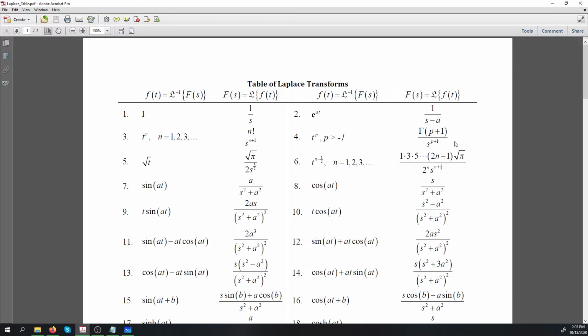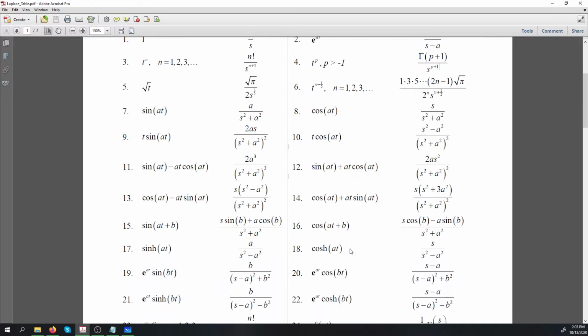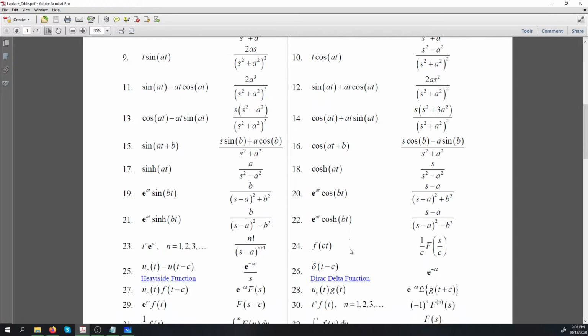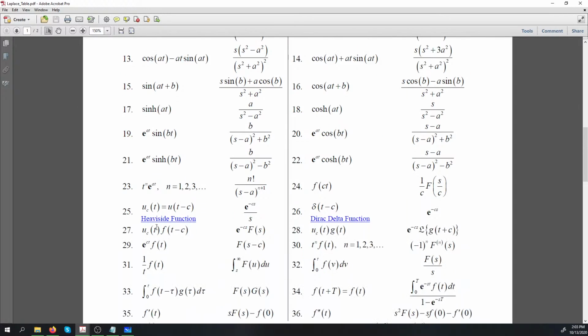And then for our next transform, we'll be watching this for when we have our factor here being s plus a all squared. So I'm looking for this on the transform table. Right, and the next one here will be n factorial divided by s minus a to the n plus 1.